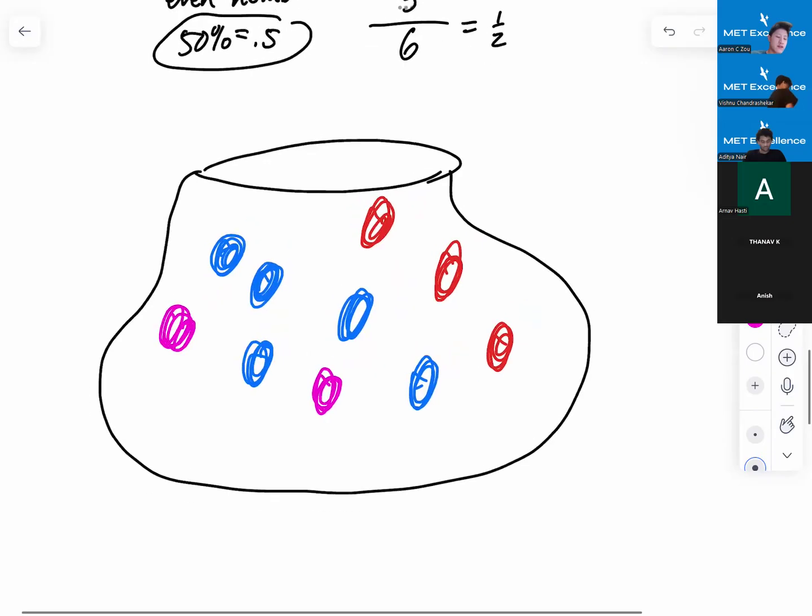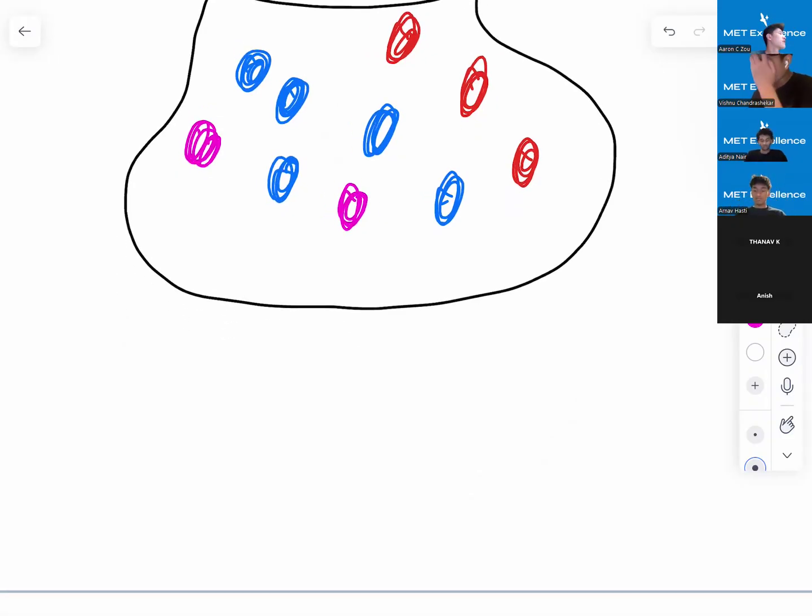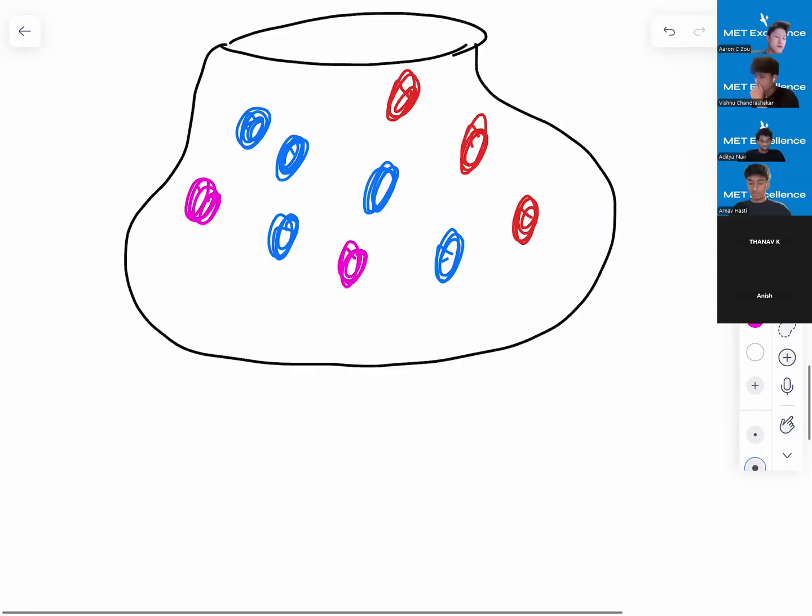So this can be like a bag or a jar of Halloween candy, and these are the different candy types. So we have blue candy, pink candy, and red candy.